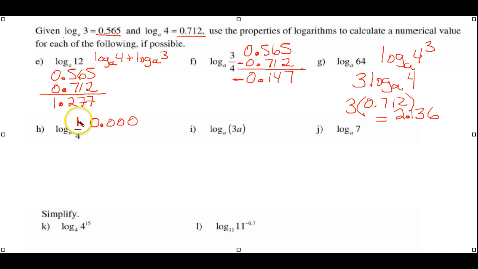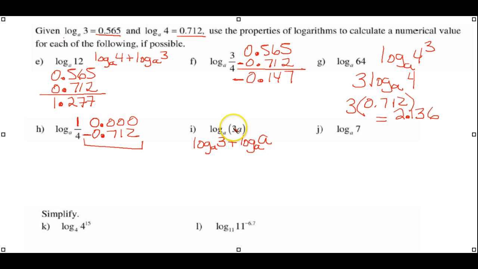So we had to know that from previous lessons. And now we're going to subtract this from 0. So in a sense, it just becomes our answer here, 0.712, but a negative 0.712. This is our answer.